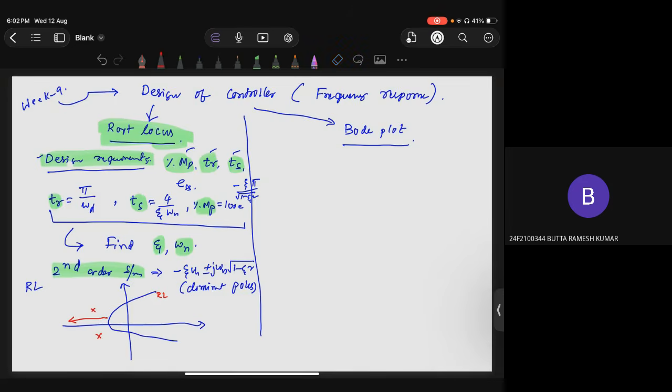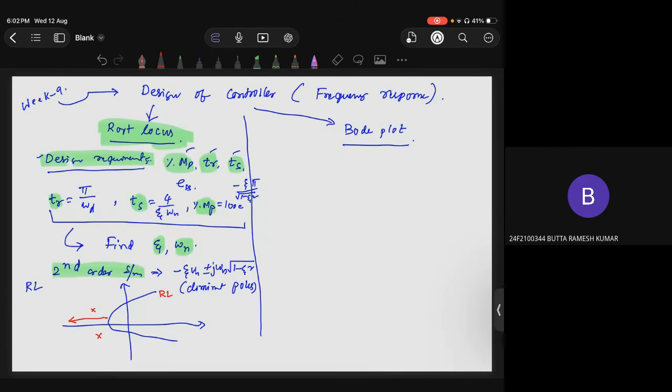Okay, yeah. All this is in the S-plane, right? In S plane, yes, exactly. We know that if the poles lie on the left half of the plane, the system, we have open loop system, and the poles of the open loop system lie on the left.